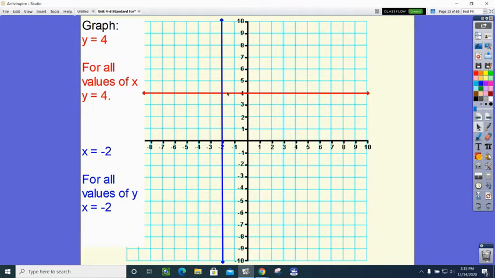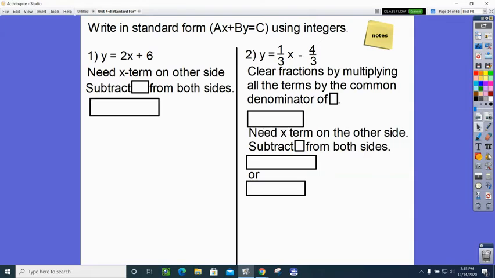And look at this red line. Every point on that line has a y coordinate of 4. So when you see y equals a number, it is a horizontal line through that y-intercept. And when you see x equals a number, it is a vertical line through that x-intercept. Pretty cool. Oh, by the way, you probably already figured that out if you did the zogs.